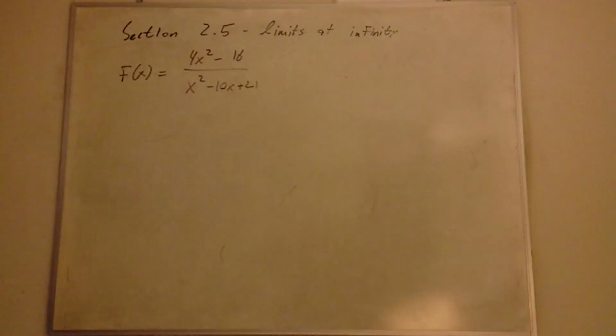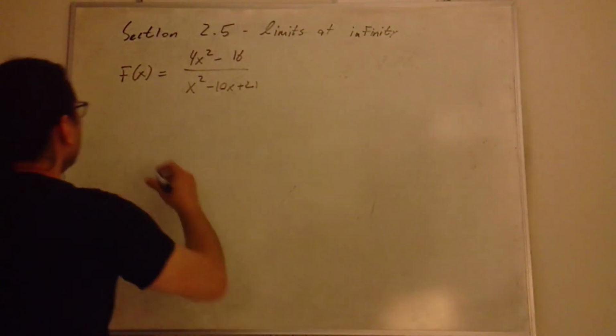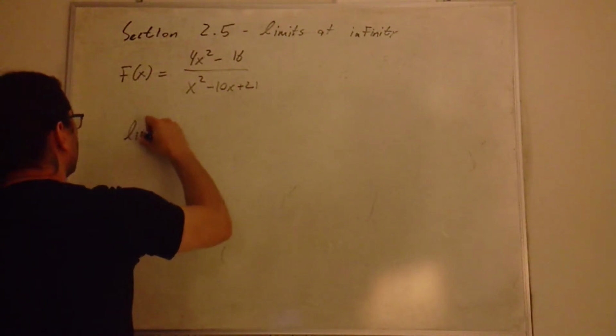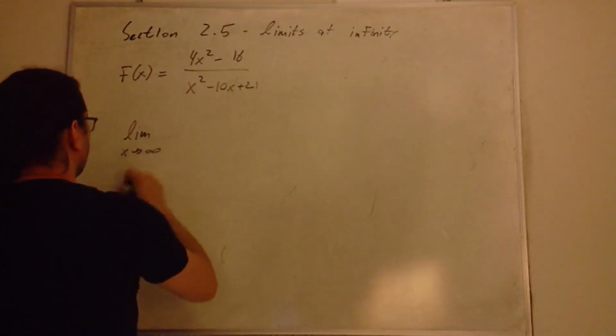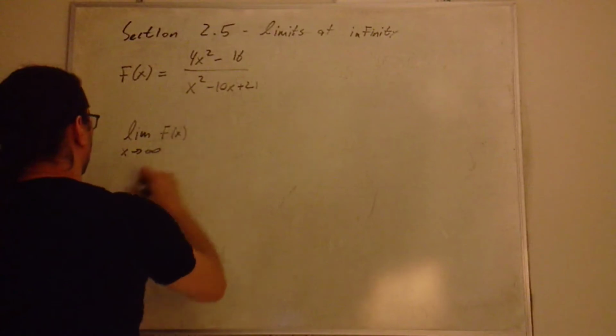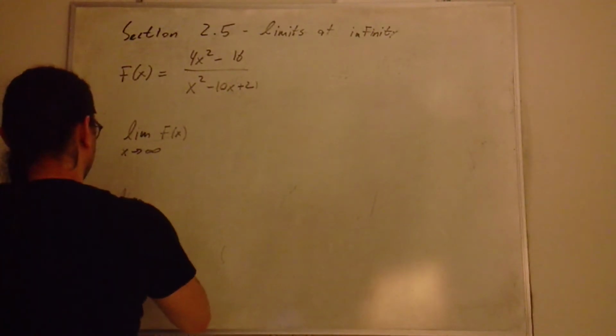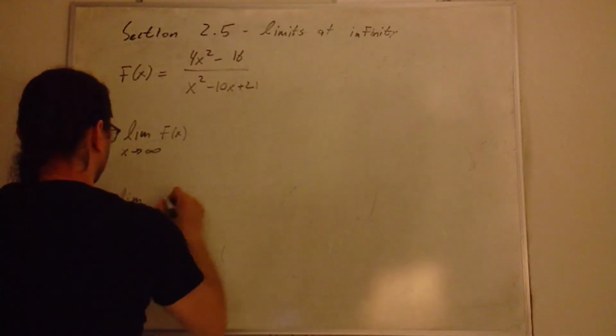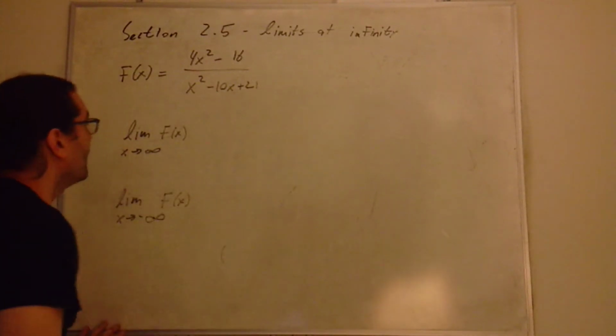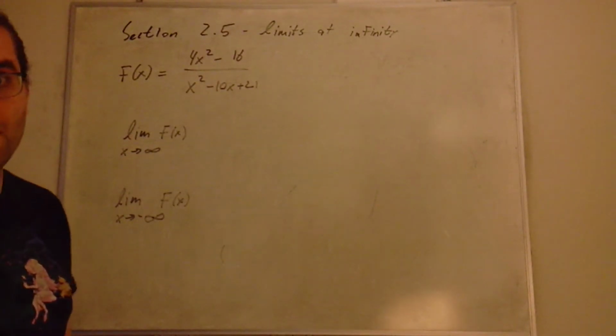This is a rational function. If I want to know about the limit as x approaches infinity, or the limit as x approaches negative infinity, I need to talk about the end behavior again.